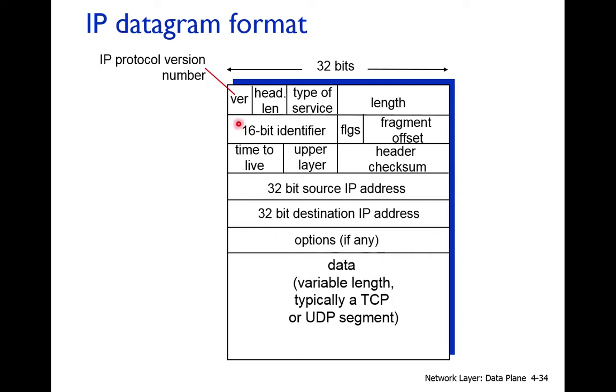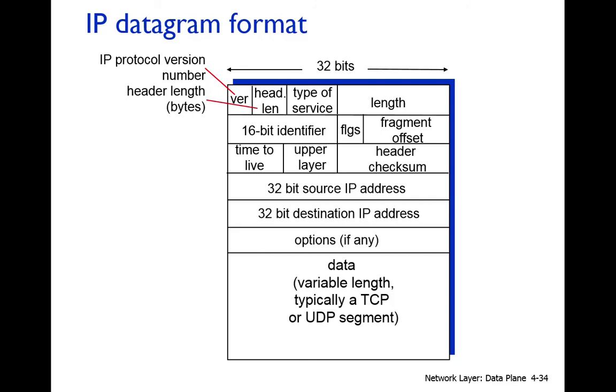Each header line is 32 bits, 4 bytes. In the first header line, the first field is called version. This represents the protocol version. Currently we have two protocol versions: IP version 4 and IP version 6. So this is basically the version number, represented in this field.